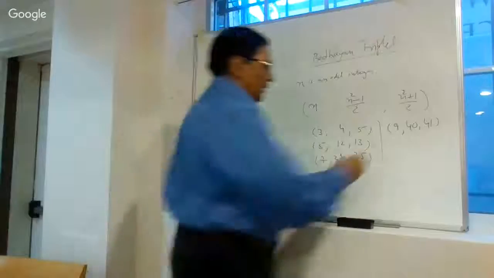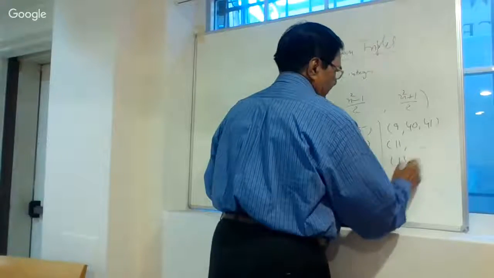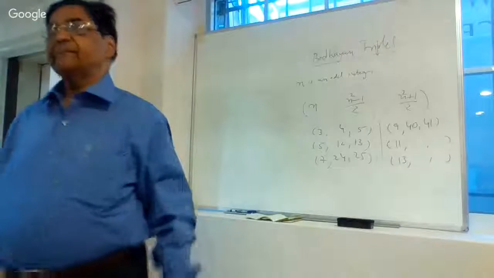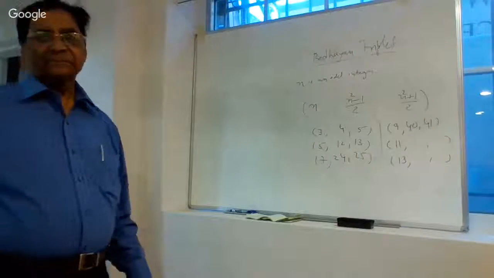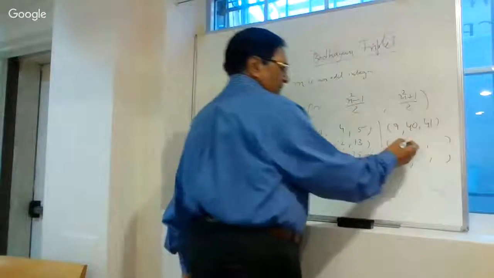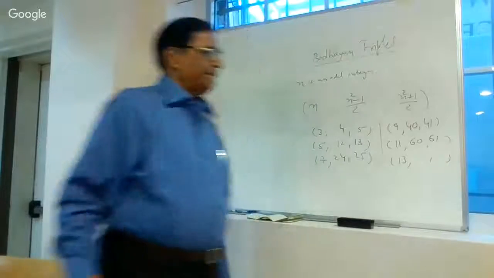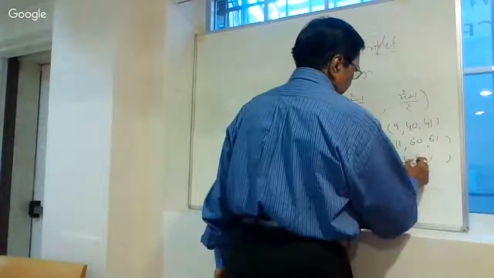Now you can write down and try to get it for 11 and 13. Can you try? If you succeed, it is 60, 61. Yes, and this is 64, 65.